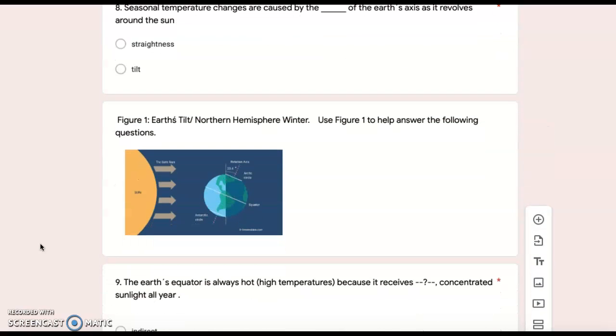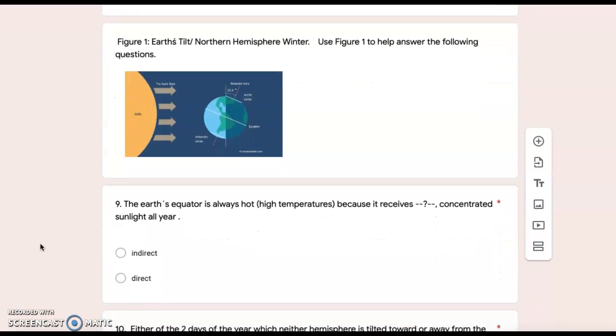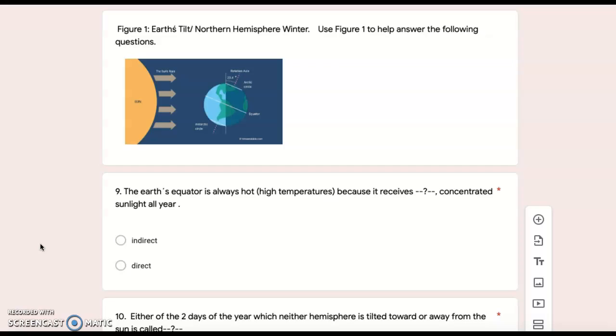Figure 1. Earth's tilt, northern hemisphere winter. Use figure 1 to help answer the following questions. Number 9. The Earth's equator is always hot, high temperatures, because it receives blank, concentrated sunlight all year.